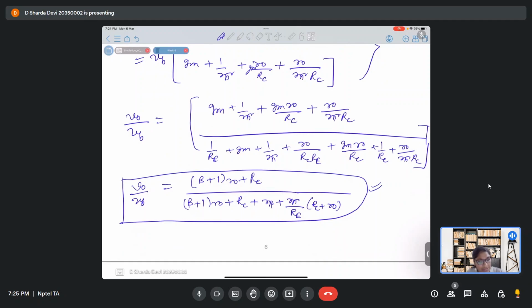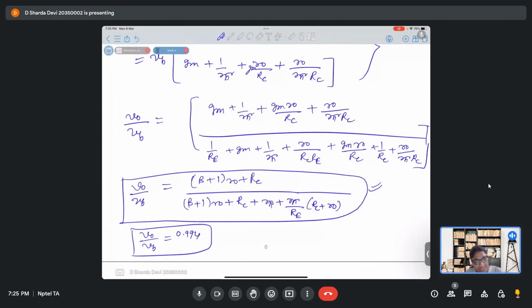Okay, so we have to simplify it further to actually get it in this form, which is beta's form. And finally, when we substitute all these values, we'll get V0 by VB to be 0.994. And coming back to Arjun, your question.